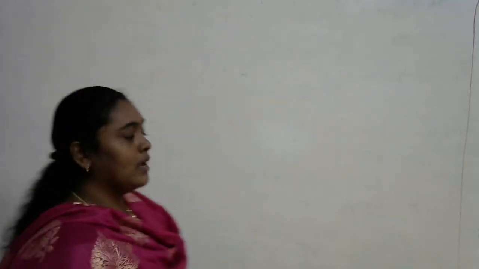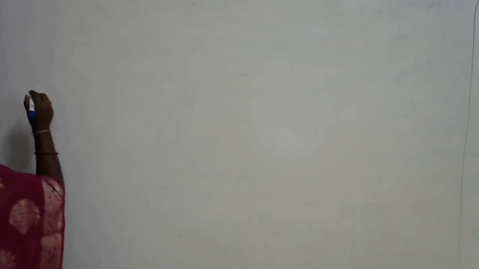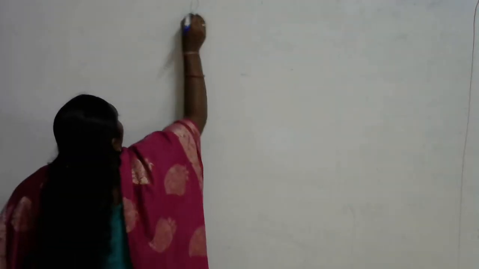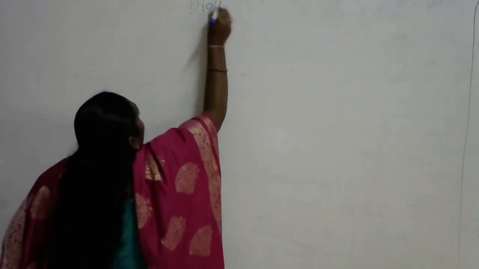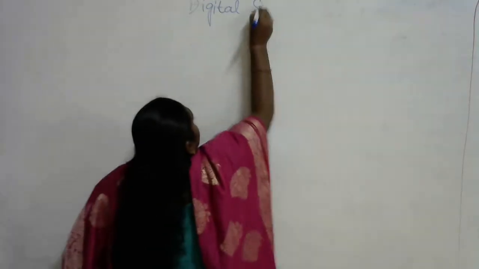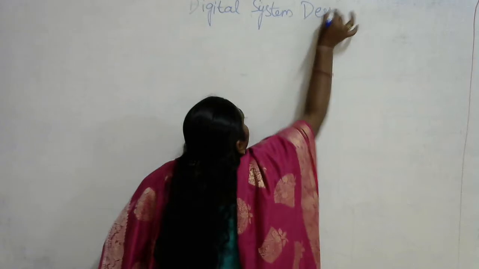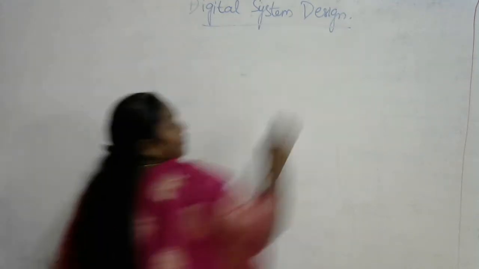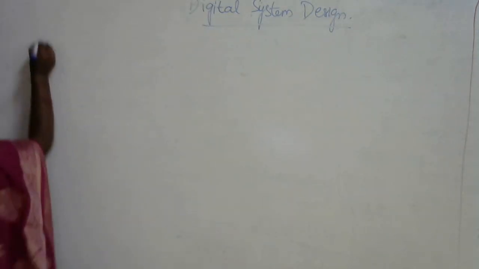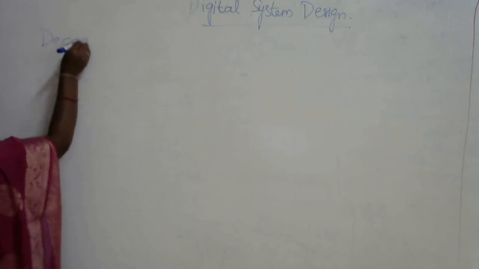Now in this session, let us discuss an example of a combinational circuit called a decoder.